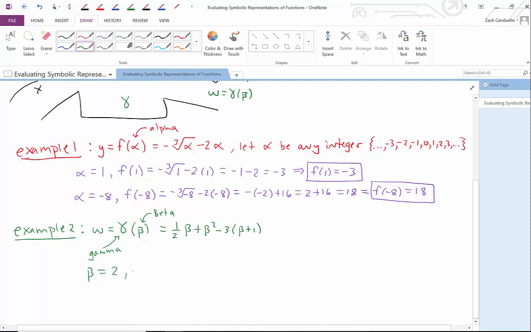Then we're trying to find gamma of 2. Plug in every beta with the value of 2. I get half times 2 plus 2 squared minus 3 times the quantity 2 plus 1. Half times 2 is 1. 2 squared is 4. And then minus 3 times 3. 1 plus 4 is 5. Minus 3 times 3 is 9. We get minus 4. Hence, the value of gamma of 2 is negative 4.